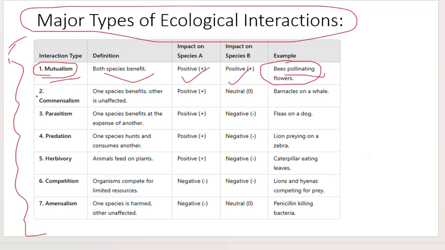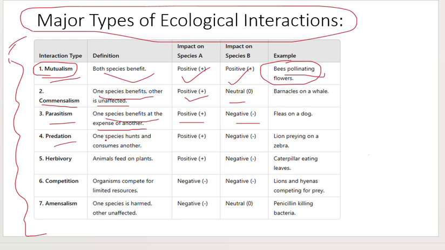Then comes commensalism: one species benefits and the other is unaffected, neither negative nor positive. Then parasitism: one species benefits at the expense of another. One benefits, the other is affected.